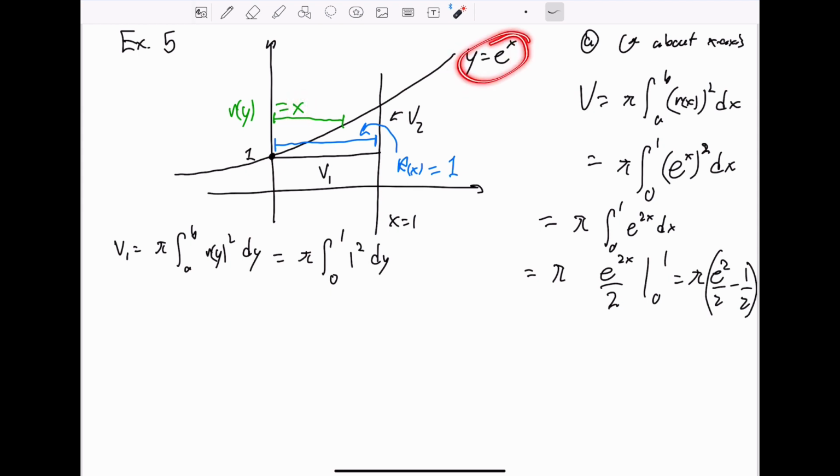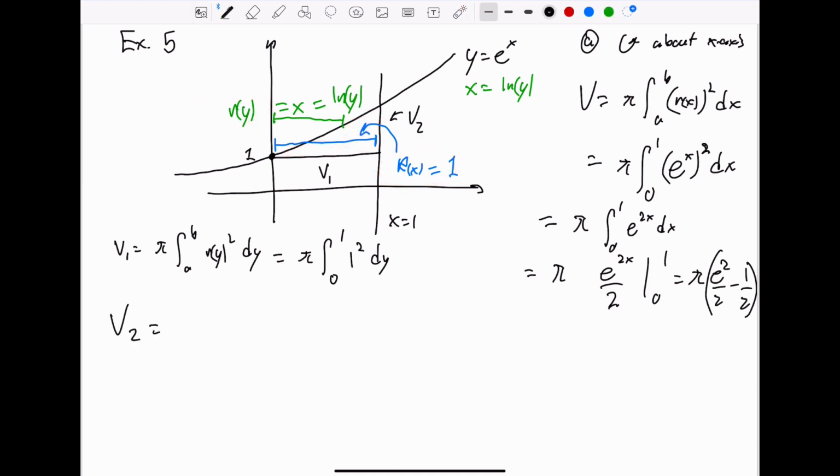Well, if y equals e to the x, that means that x equals the natural log of y. I can take the natural log of both sides here, natural log of y and natural log of e to the x. Well, the natural log of e to the x is simply x. So my small radius here, small r, it's an x distance, but I want to express it in terms of y. It is the natural log of y. So I have my inner radius, I have my outer radius. Now I can set up the integral for this second volume.